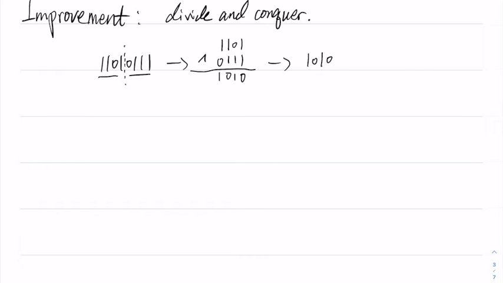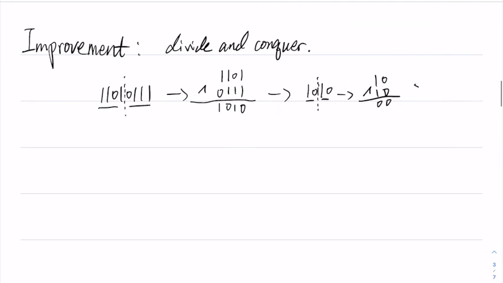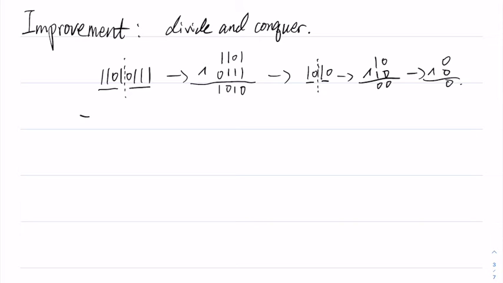Then we compute the XOR again of the first half and the second half. So we would have 1, 0 XORed with 1, 0, and this gives us 0, 0, right? Then we again compute the XOR of 0 and 0, which gives us 0. So then we could conclude that the parity of 1, 1, 0, 1, 0, 1, 1, 1 is 0.